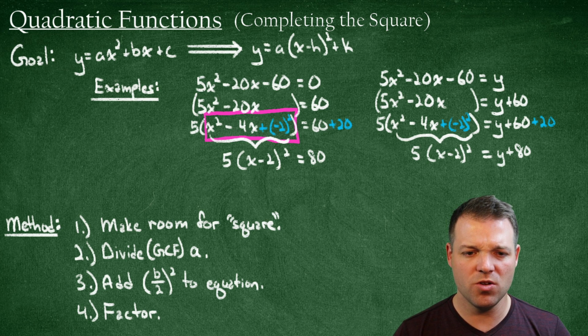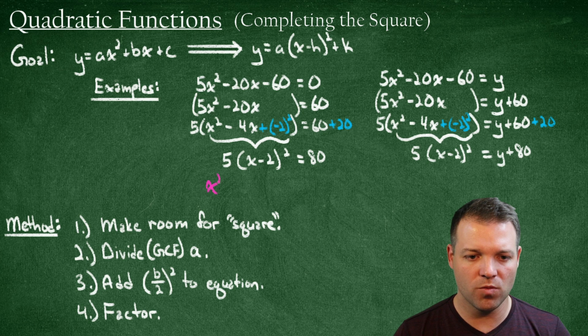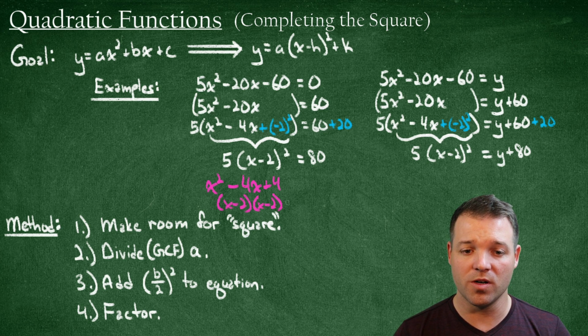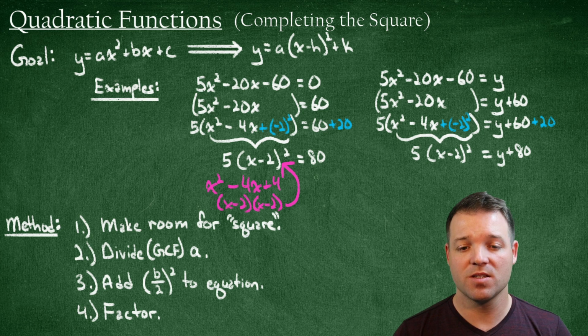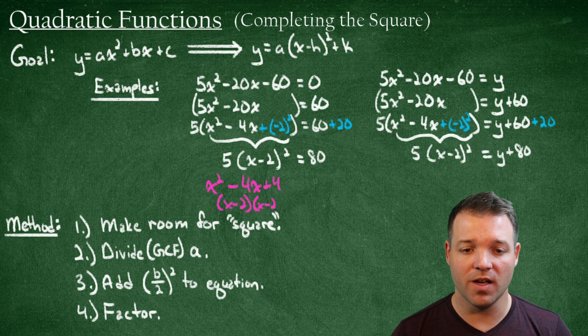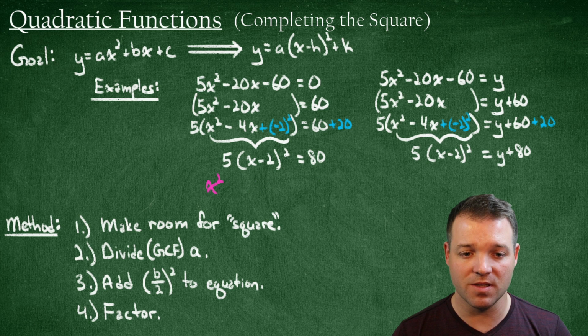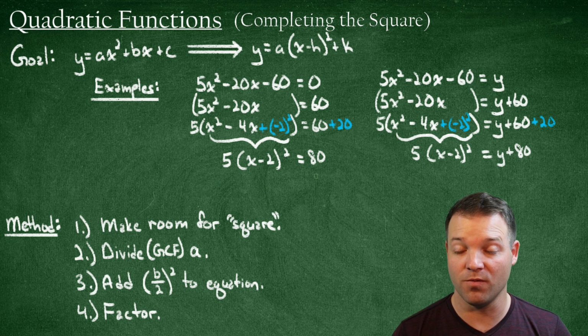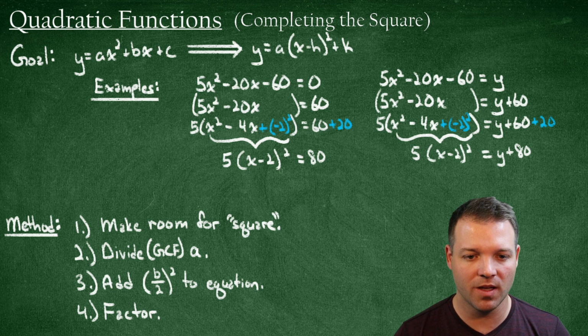And again, you could write it like this if you wanted to. If you put the 4 in there, it would be x squared minus 4x plus 4. And if I factored this, it would be x minus 2 times x minus 2. In other words, x minus 2 squared. And that's really important to us because that is getting us very close to the transformation form that we like.